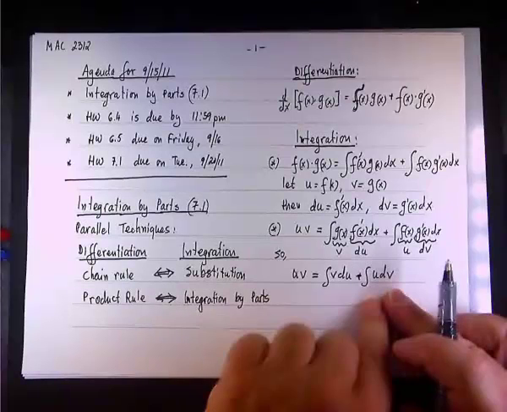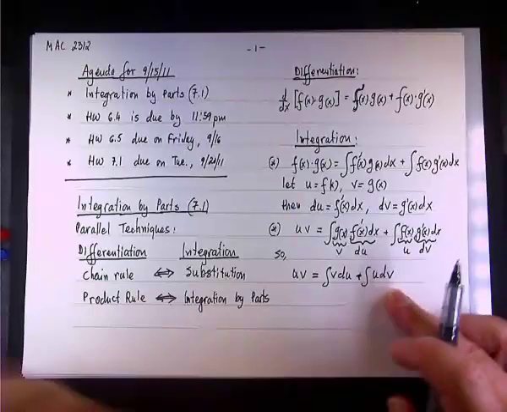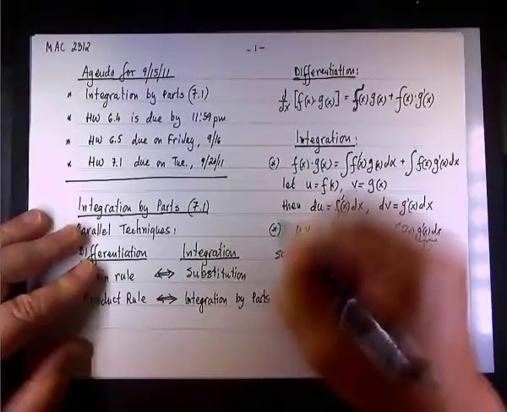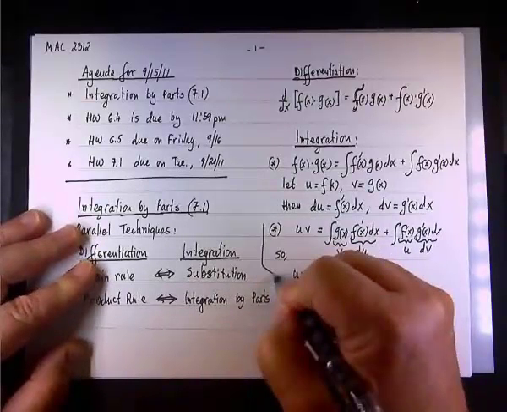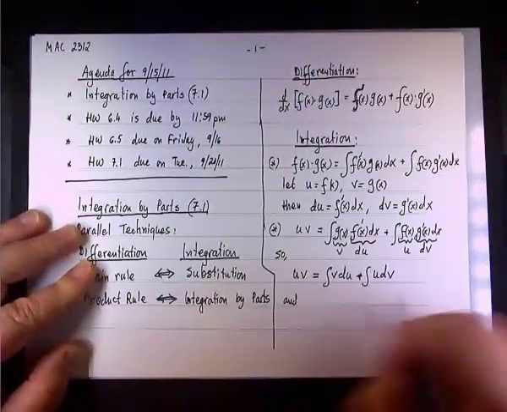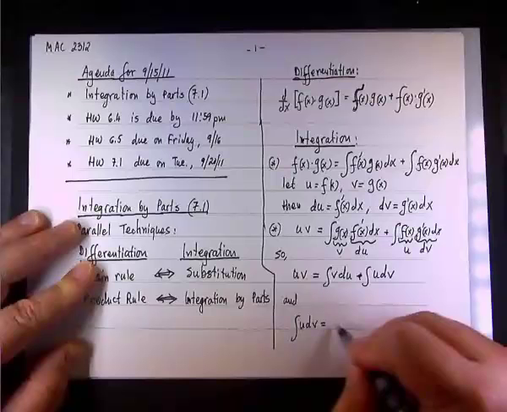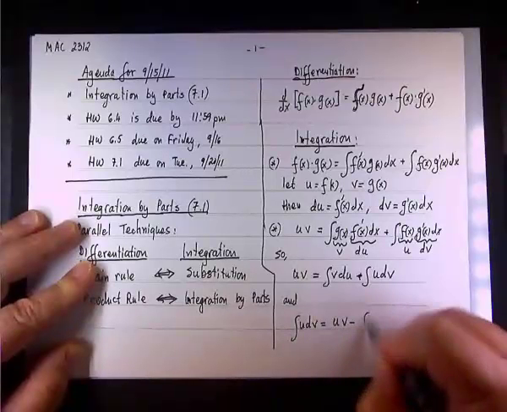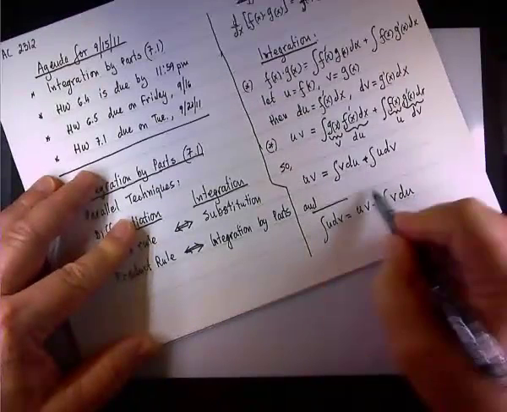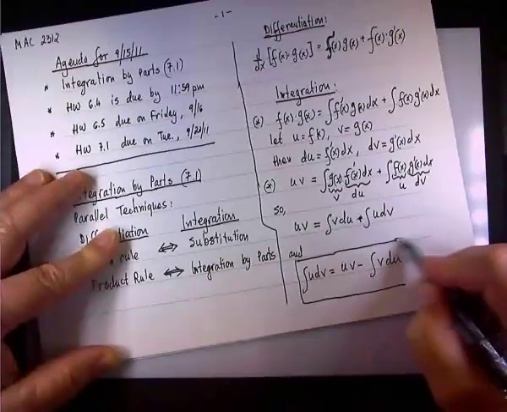Okay? Now, let's say we have an integral that looks like the integral of u dv. If I want to solve for that, then the integral of u dv is going to be uv minus the integral of v du.